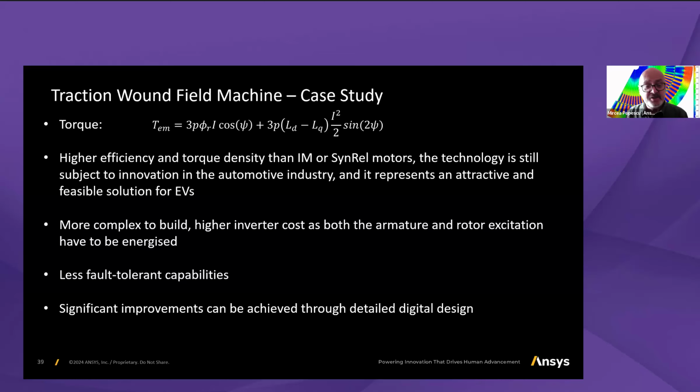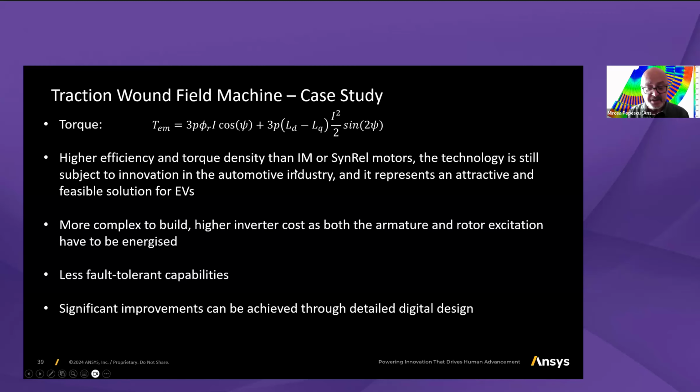The torque equation shows us that beside the reluctance component, the torque component that we've seen already in the previous case for the synchronous reluctance machine, we have the advantage of adding the alignment torque component, which depends on the rotor field and the current.